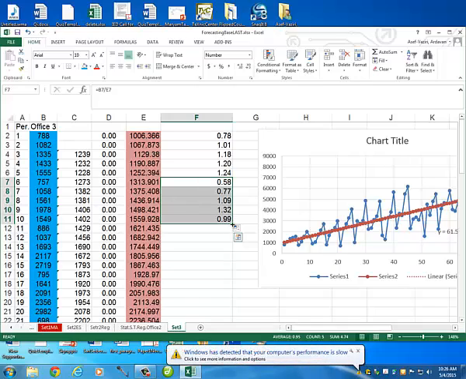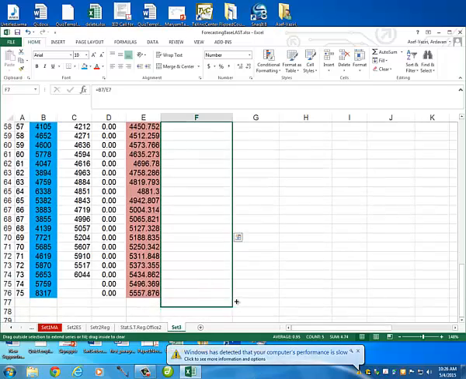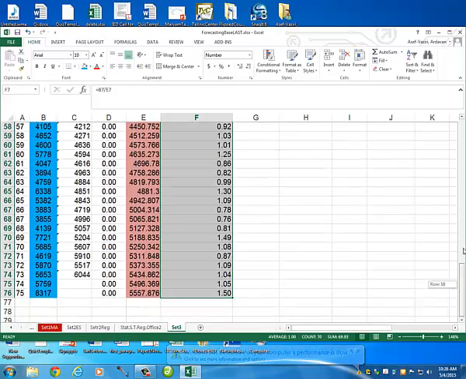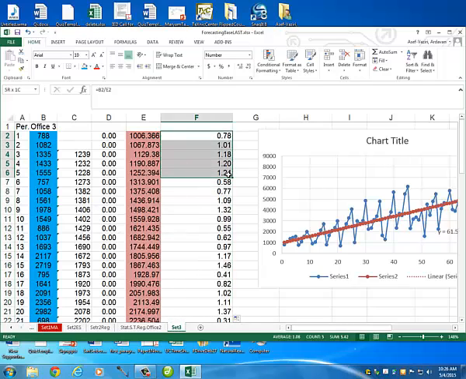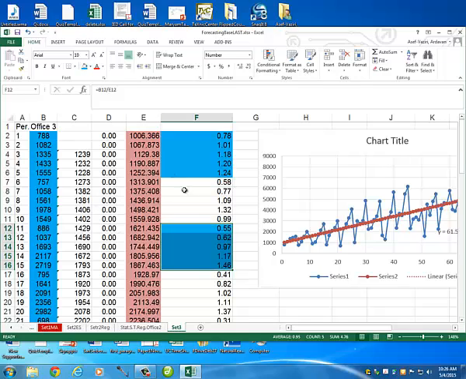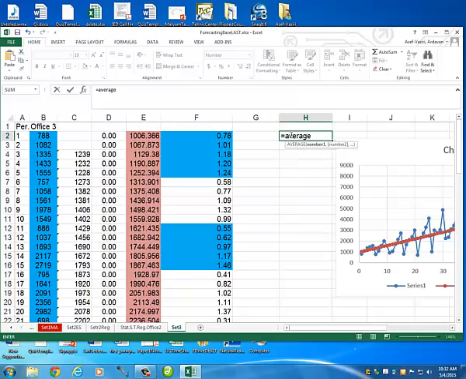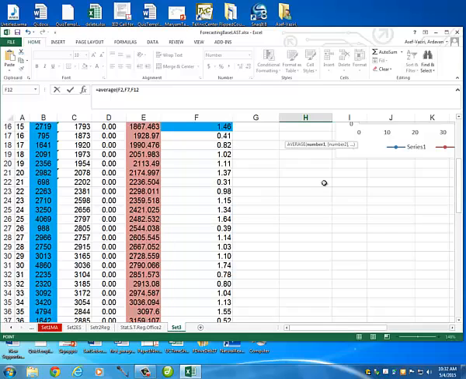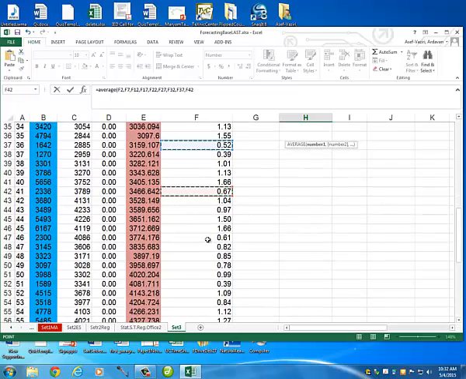So I can compute this for all data. Now in each year, in each 5 periods, I have equal to average, control, this one, and this one, and this one, and so on.